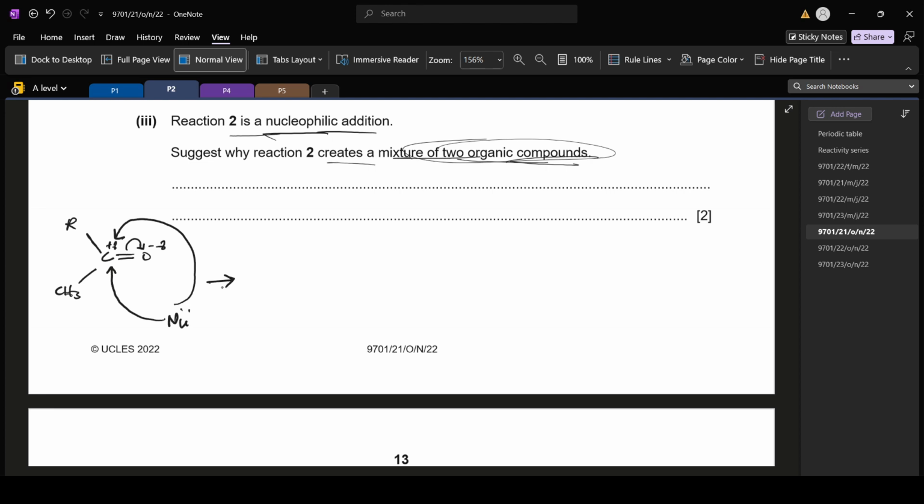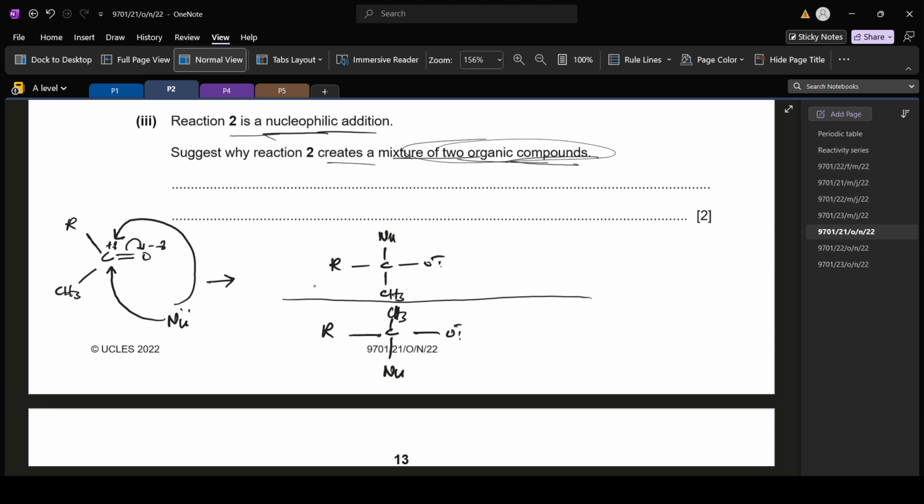Let's say firstly it attacks from upwards. So you will get the R group and C, then the nucleophile attached over here, the double bond will break down, and you will have a CH3. Now if the nucleophile attacks from downward, you will get CH3, then the nucleophile, then the R group.